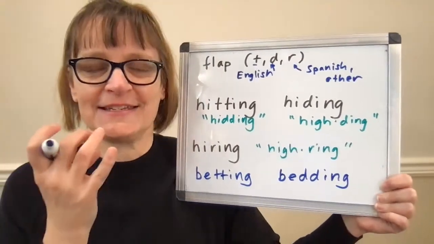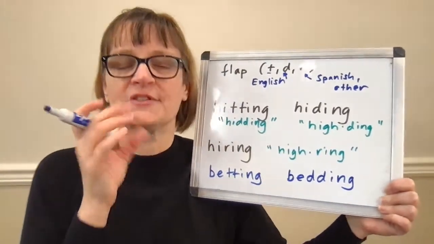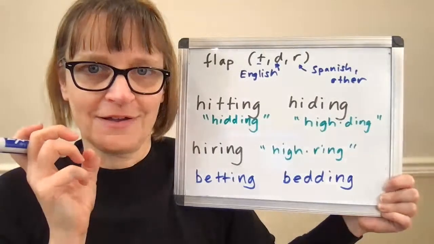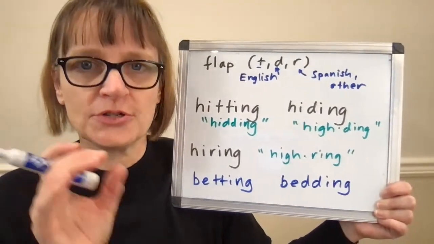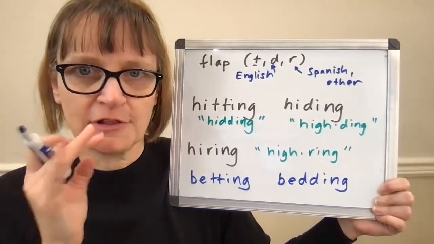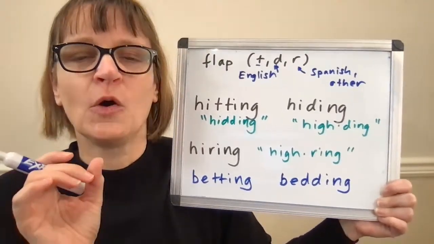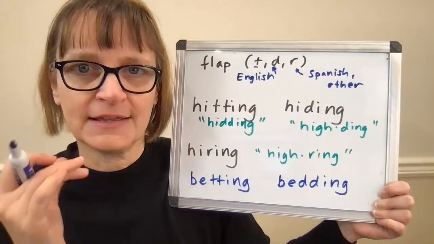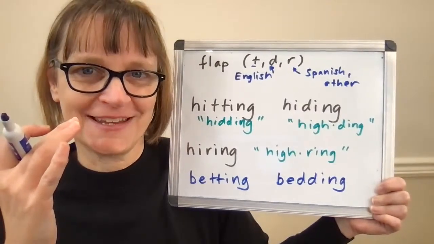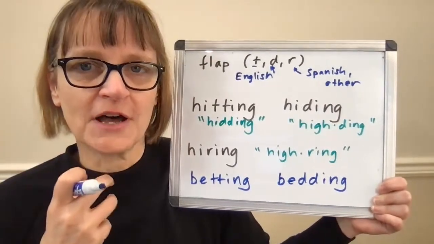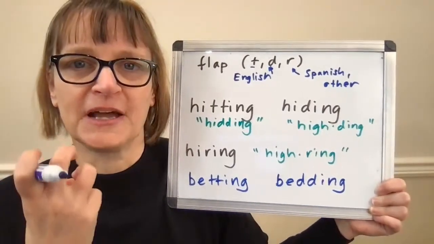So a D and a T, when we say those sounds, we build up air in our mouth and then we release it. So when I say hit or to, I have to close off the air and then let it go. When I say hitting, I'm going up to the same spot with my tongue where I make that T and D sound. My voice is on, but it's light and I'm not building up a lot of pressure.